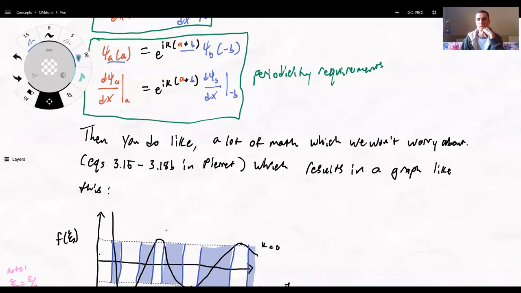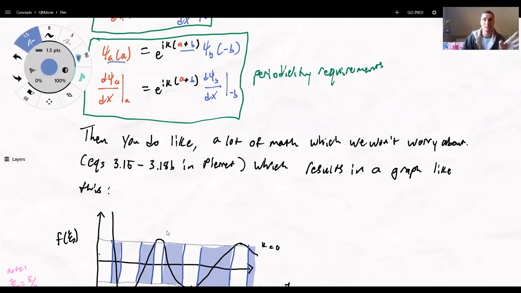All right, then you do kind of a lot of math. We're not going to worry about that. It's not important. This is not like a math class. If you're interested, it's these equations in the appendix, 3.15 through 3.18b. So you can see this is really exciting.